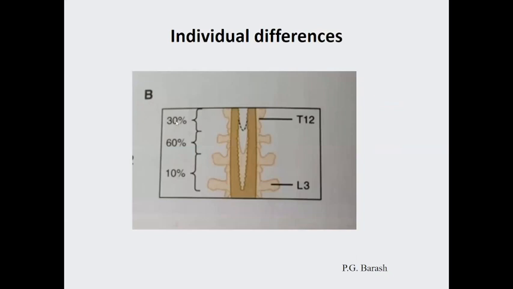We inject the local anesthetic below the lumbar 3 vertebrae. In most patients, the spinal cord, I forgot the name of this basic nervous structure, ends at the level of vertebrae L3, so it's safe.